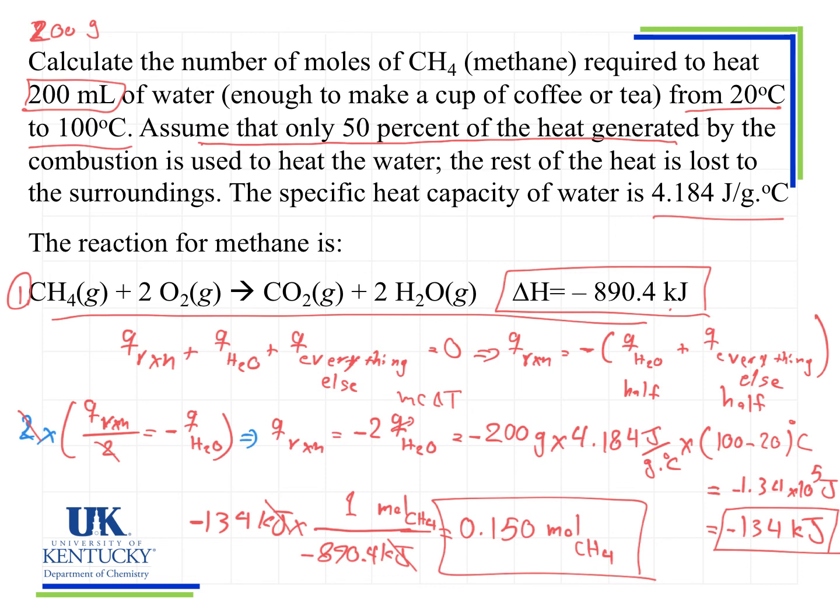We have the delta H of that reaction, which means that 1 mole of methane gives off this amount of energy, and we know that 50% of it goes to the water. So we have to find how much energy is required to increase that temperature, and then we can use the thermochemical equation to find how many moles of methane are needed.